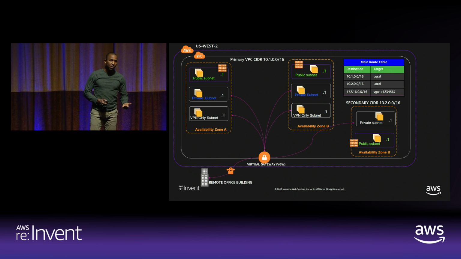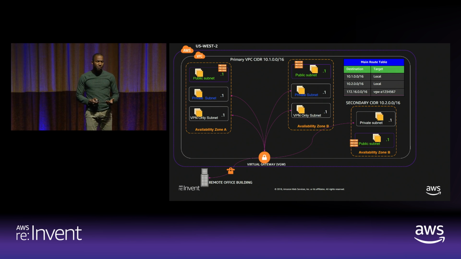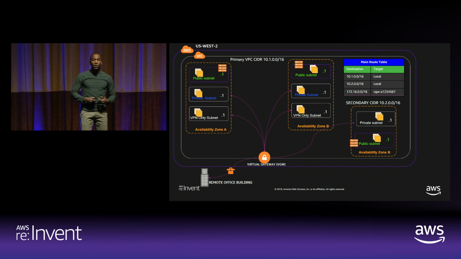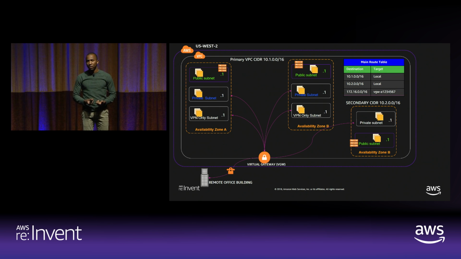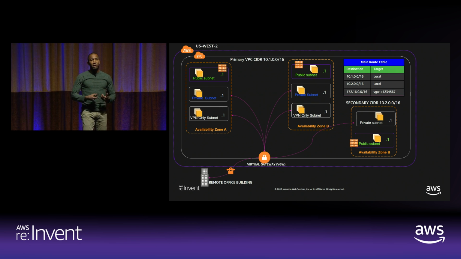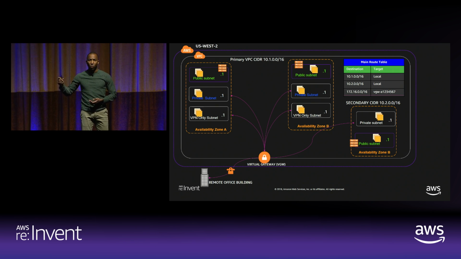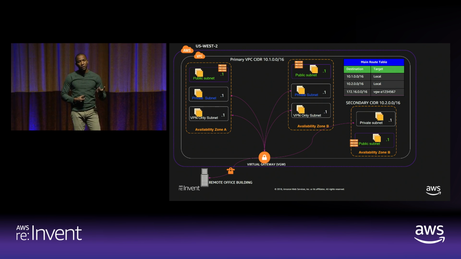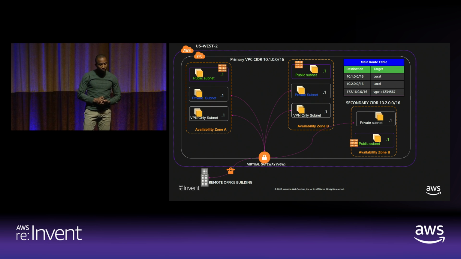If you leverage static routes, for example, you have to specify within the AWS environment the CIDR blocks that you need to advertise into AWS. If you leverage a more dynamic routing protocol, which today we support only BGP, then you don't have to specify the CIDR blocks, because once you advertise those routes via BGP, they'll be propagated to the route tables that your virtual gateways are attached to.